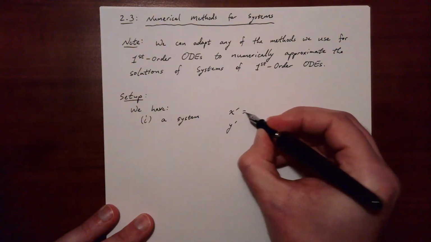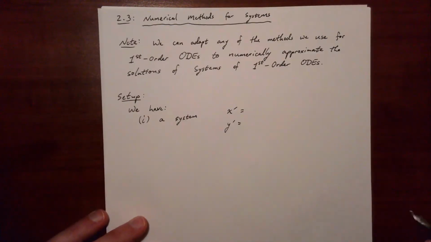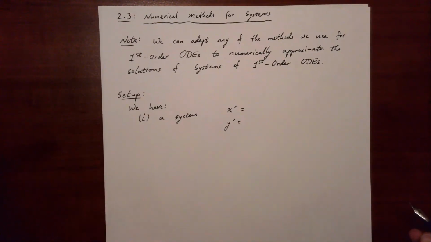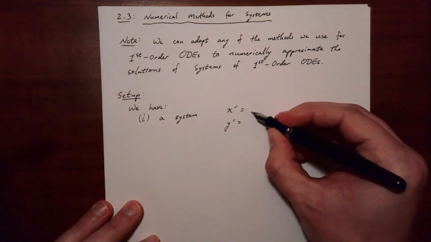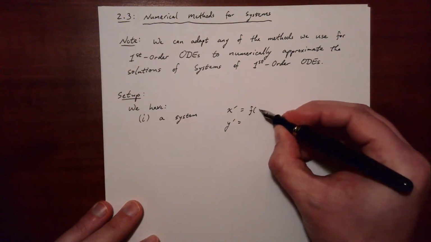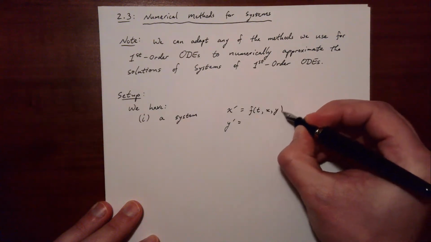So remember, systems involve essentially the assumption that x and y are individually functions of some parameter t, and that the derivatives of x and y are some relationship between x, y, and t. So we can specifically call it a function of t and x and y.